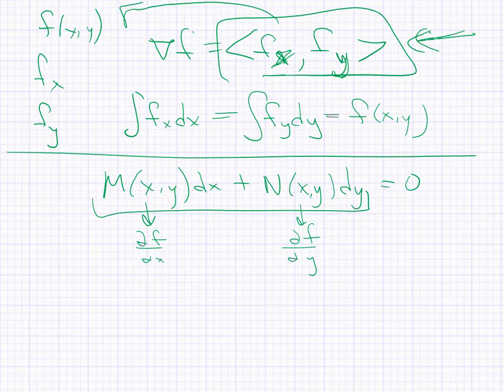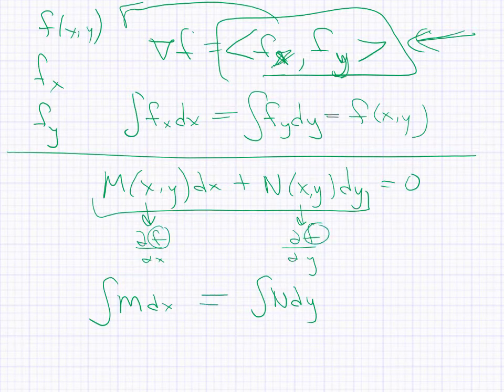Well, what I should do is integrate M with respect to x, and integrate N with respect to y, and both of them should get me that function that I'm looking for, f. Well, if they're both going to give me f, then they should equal each other, and that should get me back to this function f.